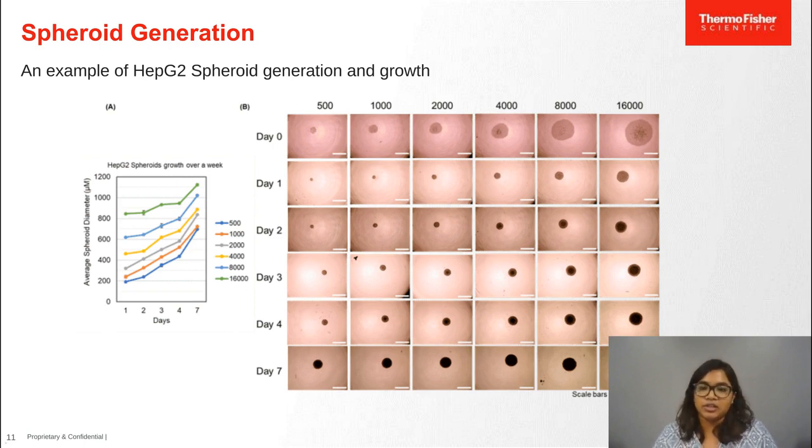But as they start to grow in media, which was 10% FBS and DMEM, you can see that they clump together pretty tightly and start to get really, really big and grow on top of each other in a 3D format. Again, these don't adhere to the bottom of the plate, they adhere to each other, and they're grown in non-adherent plates. So anywhere from 1 to 7 days, you can see a pretty linear growth.